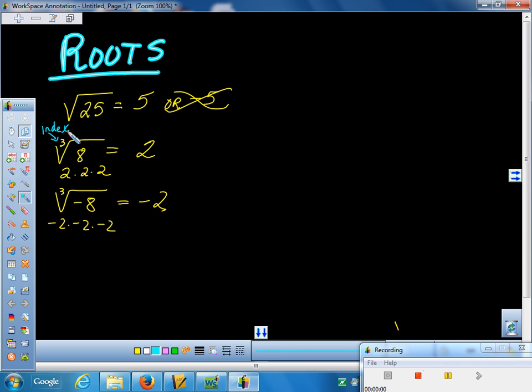Because we use square roots so much more than the others, they said, we are not going to bother to write it. If you see a root written and it has no index on it, it's automatically a square root. But technically, there should be a 2 there.